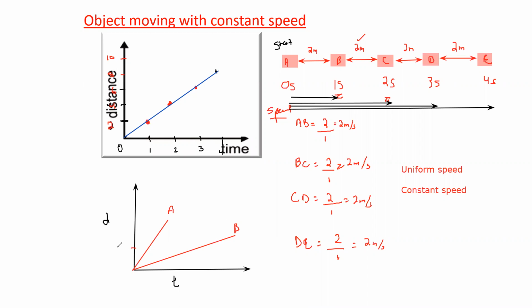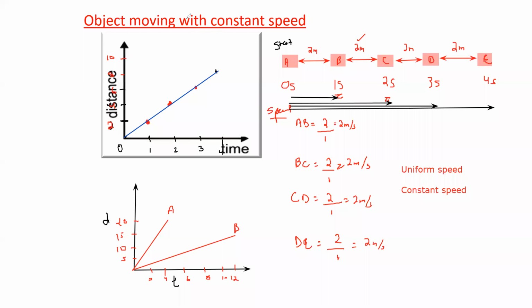The distance values are 5, 10, 15, 20, and the time axis is 2, 4, 6, 8, 10, and 12.